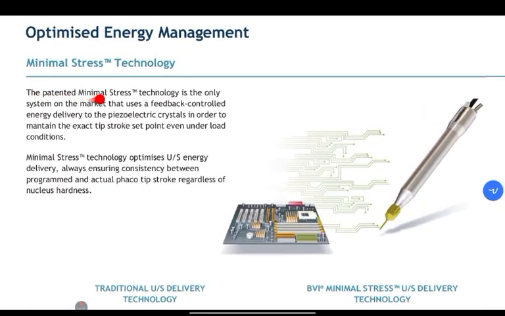The patented minimum stress technology is the only system on the market that uses a feedback control of energy delivery to the piezoelectric crystal in order to maintain the exact tip stroke set point even under load conditions. Very important point. So minimum stress technology optimizes US energy delivered, always ensuring consistency between the programmed and actual Phaco tip stroke regardless of nucleus hardness.